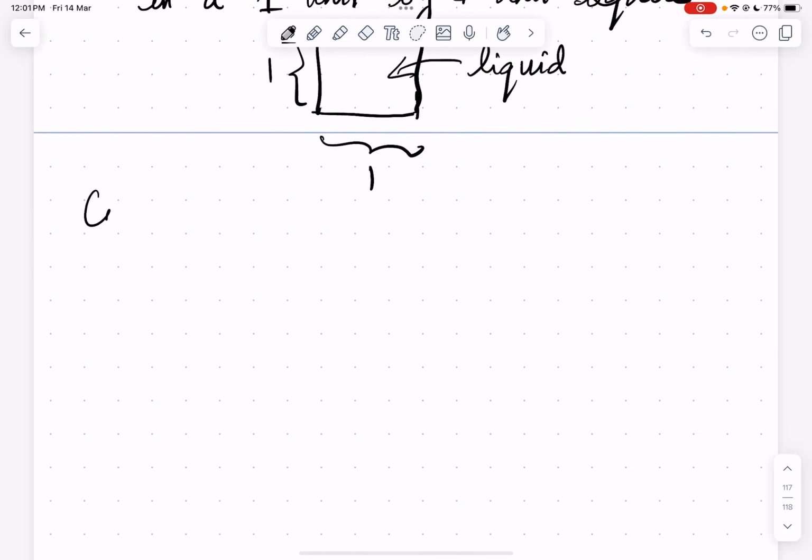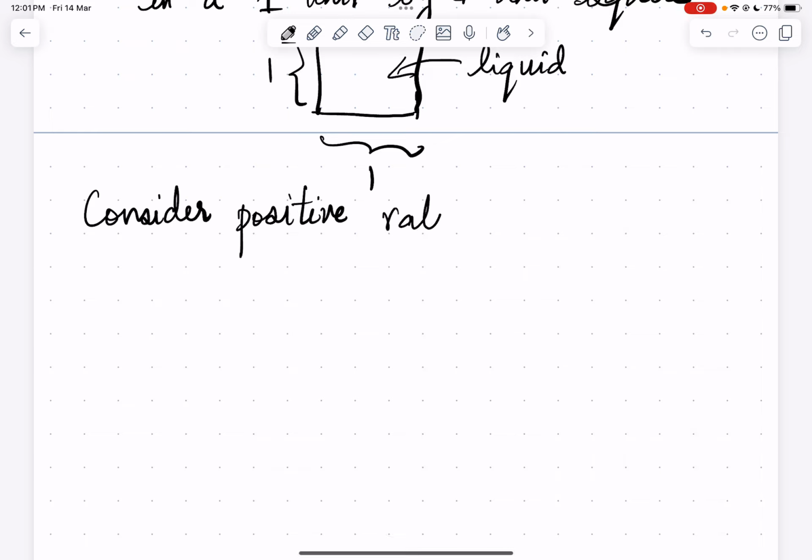Now consider positive rationals m by n and r by s, where m, n, r, s are positive integers.